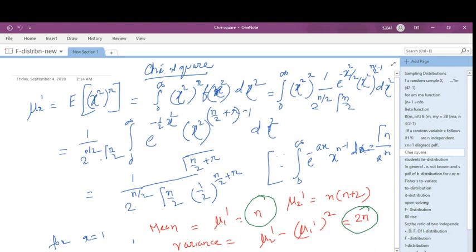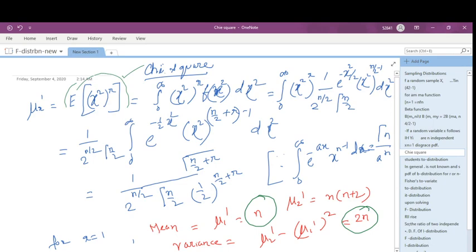Now the r-th moment about the origin is obviously the expectation of the chi-square variate to the power r, right? This we have seen in the previous videos. So this is how they do it. From 0 to infinity, we integrate the chi-square variate to the power r, f function, which is the function of chi-square, d chi-square.